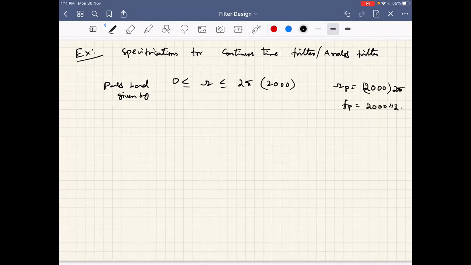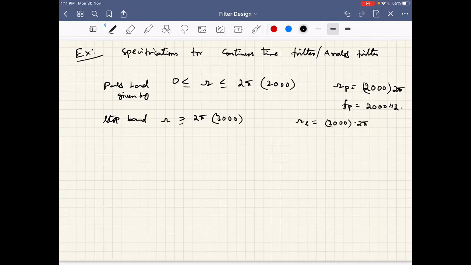This is one thing they have given. And the stop band is 2 pi into 3000. The stop band is above 3000, greater than or equal to 3000, that is omega s is equal to 3000 into 2 pi.